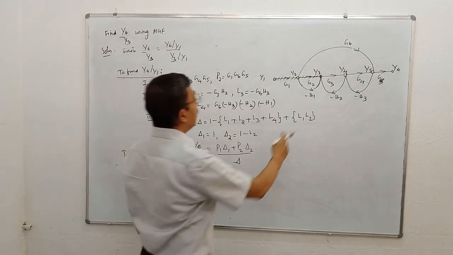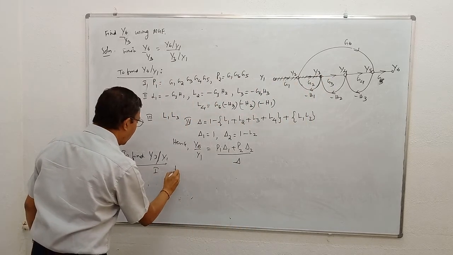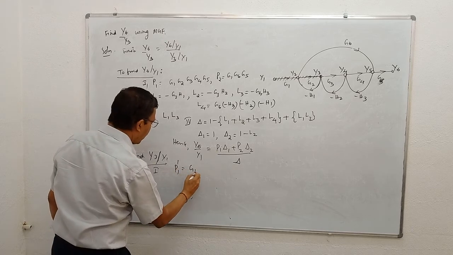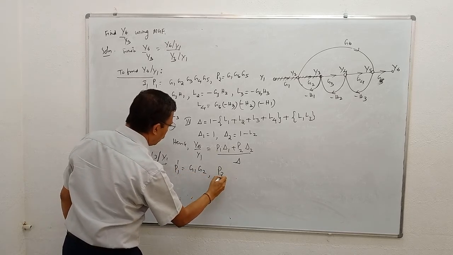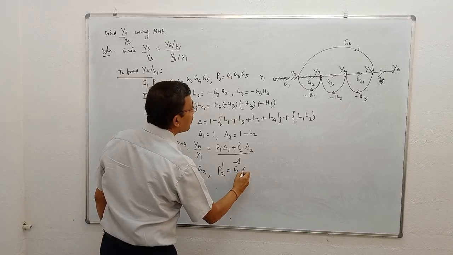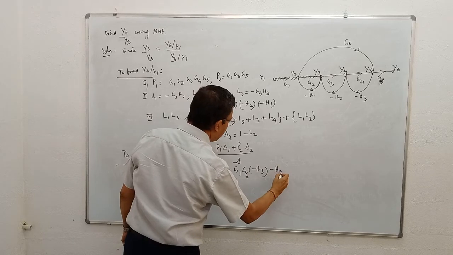If you want to find Y3 by Y1, what is the first forward path gain? P1 dash is equal to G1, G2. What is P2 dash? P2 dash is G1, G6 minus H3 minus H2.